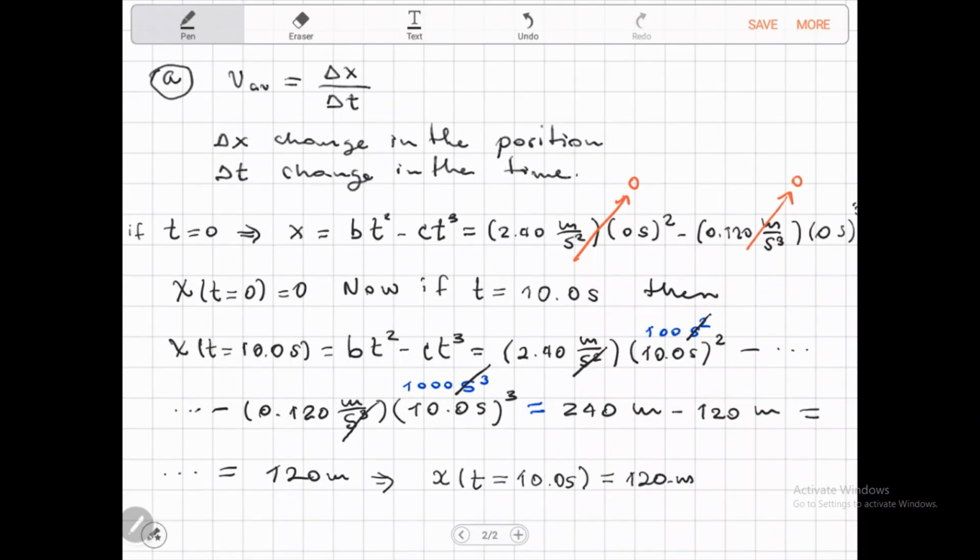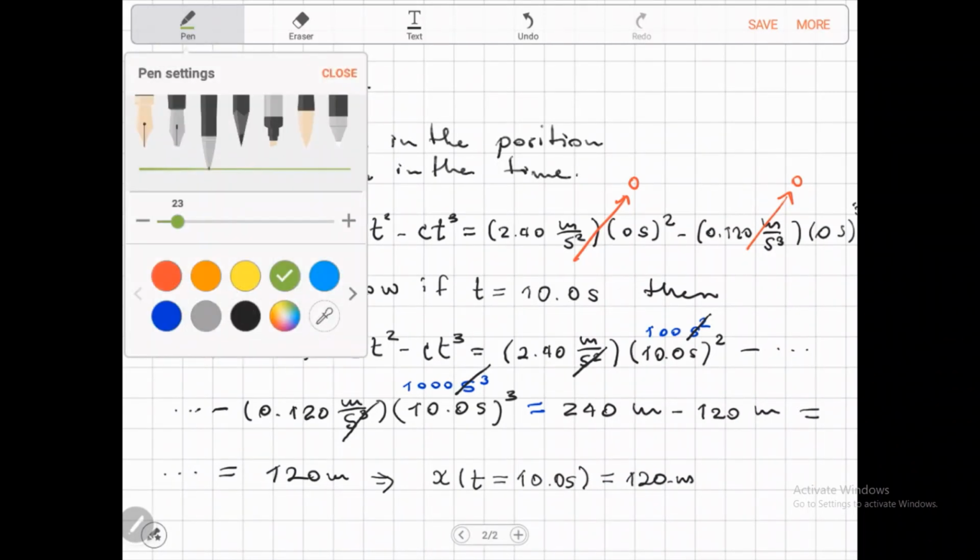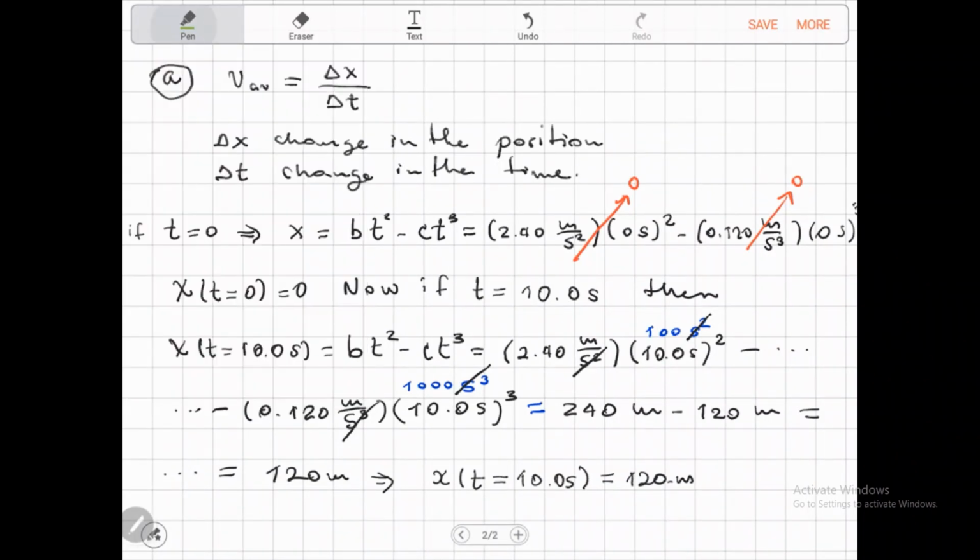So with the result, we have 120 meters here, and I'm gonna highlight this number here. We have the positions when t is equal to 0 and when t is equal to 10.